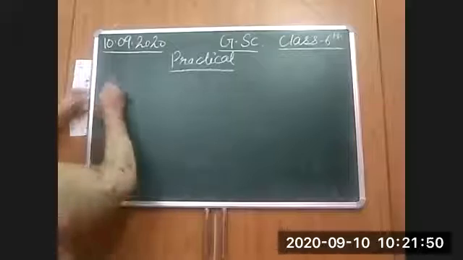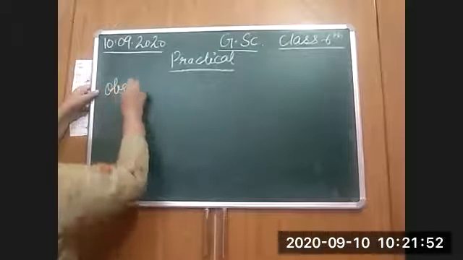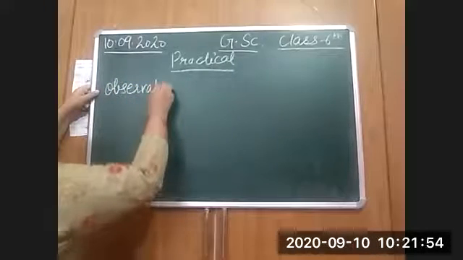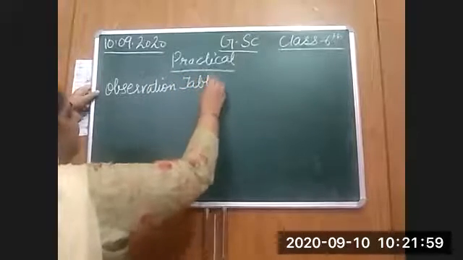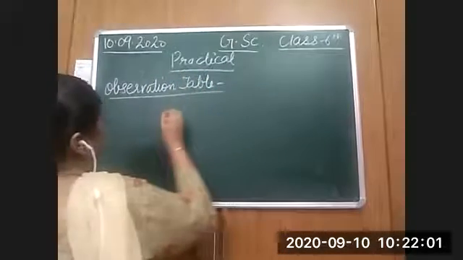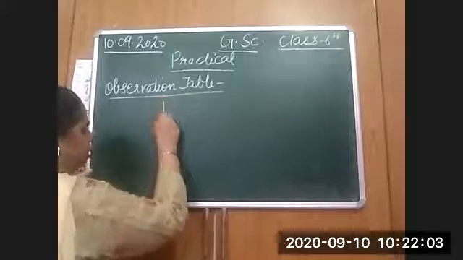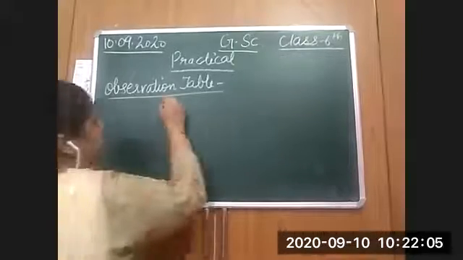So observation में you have to make the table. Observation table. How you have to make? As we had already discussed also, make a table in this form.